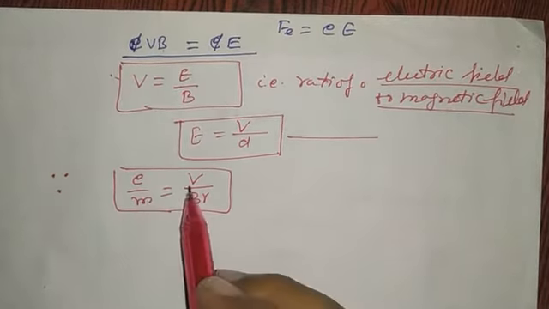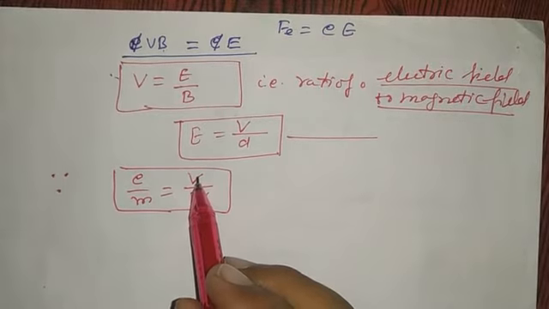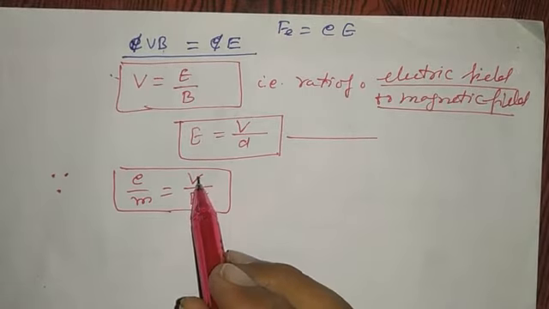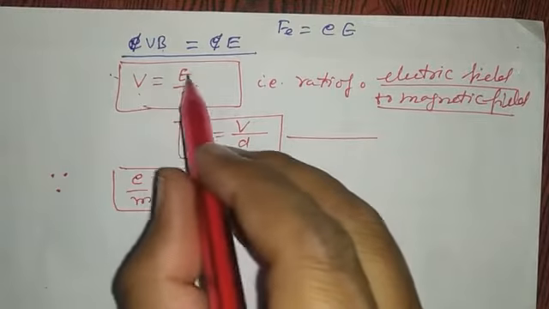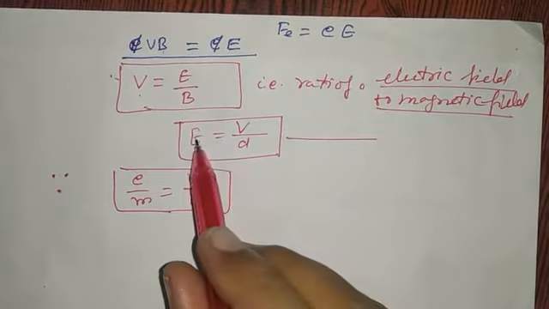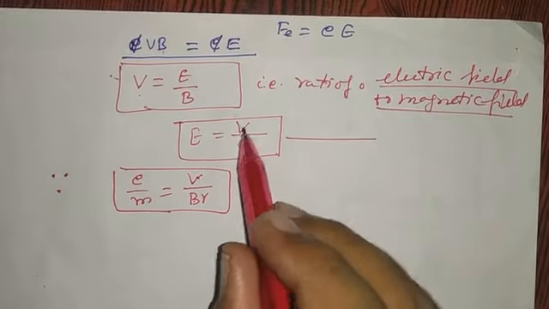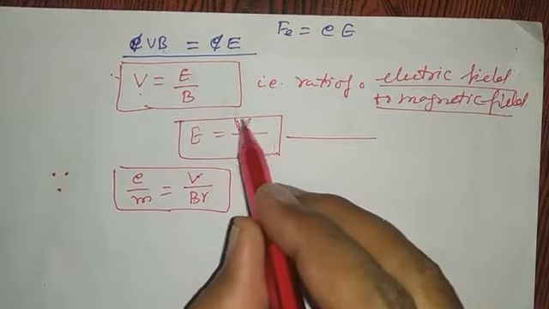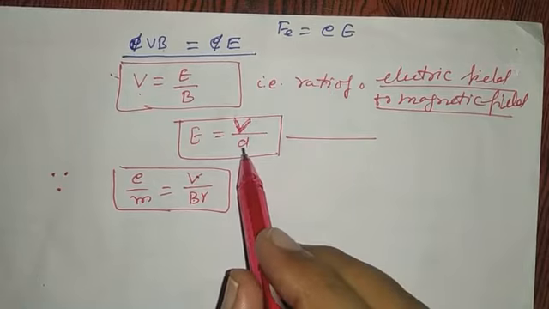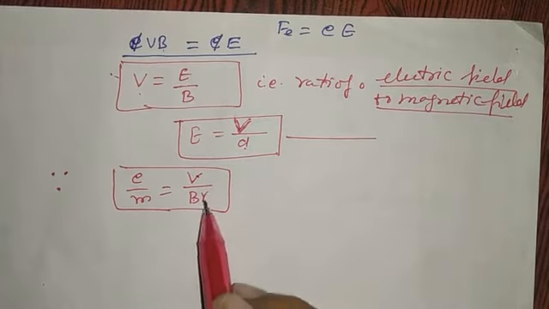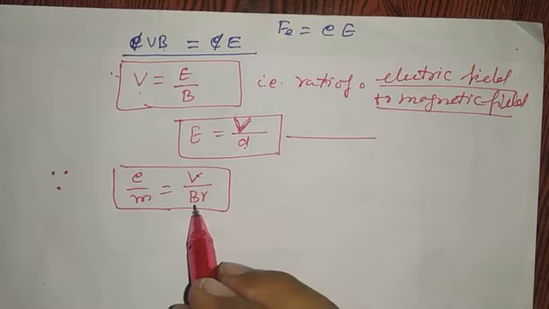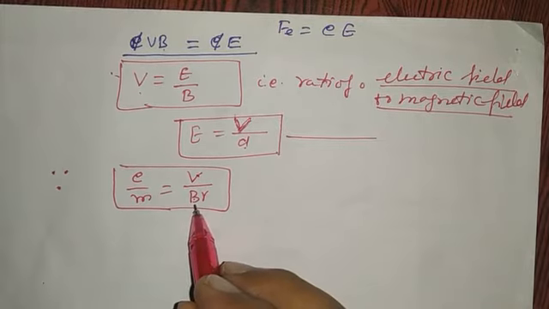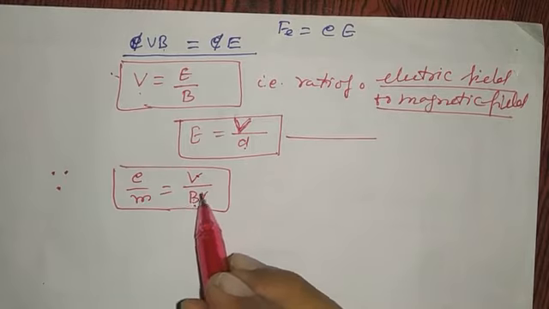Since e by m is obtained by the formula B by R, velocity is obtained by this formula, E by B. E is obtained by V by d, where V is the potential difference applied between the plates and d is the distance between the plates. The radius we have seen just before, and the magnetic field is known because we applied it in the experiment.